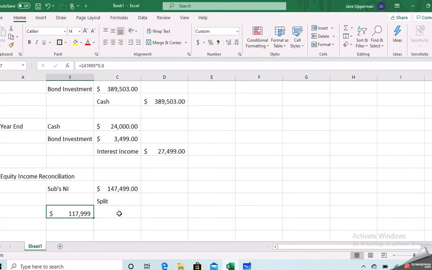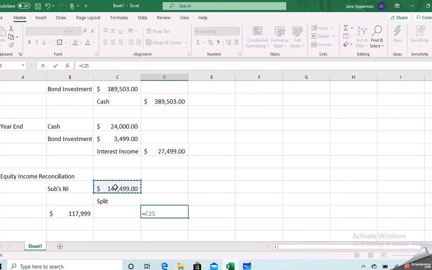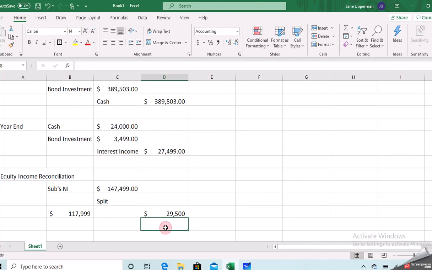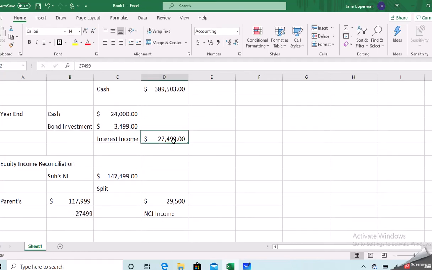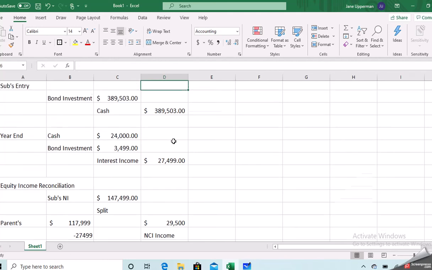Then if we take the 147,499 times 0.2, and again, we're going to round that to the nearest cent, this is our NCI income. And this is the parent's, but we still have to make adjustments to it. So we go back up and say, in that parent's net income, there is interest income of $27,499, so I want to subtract that out.